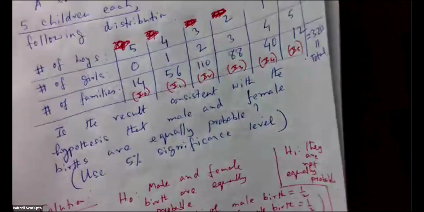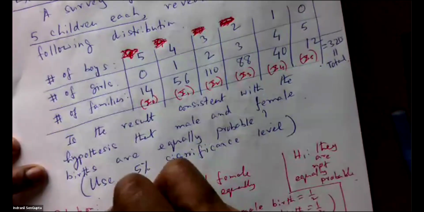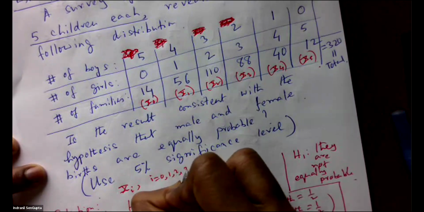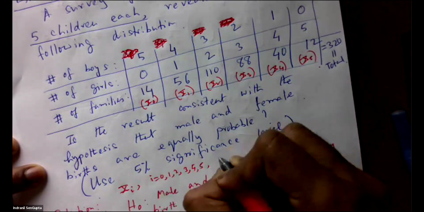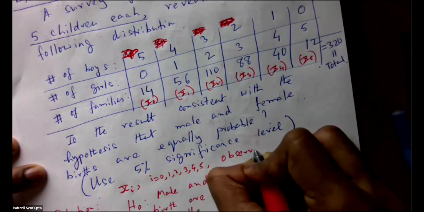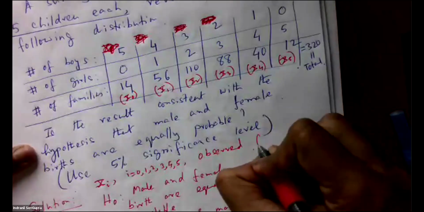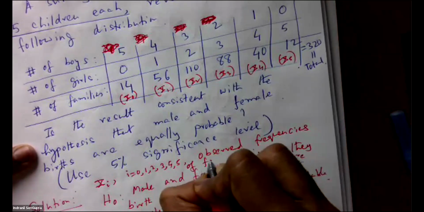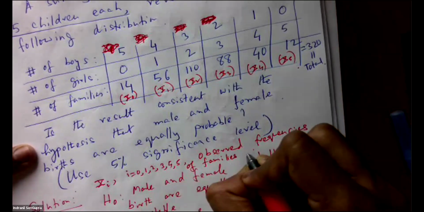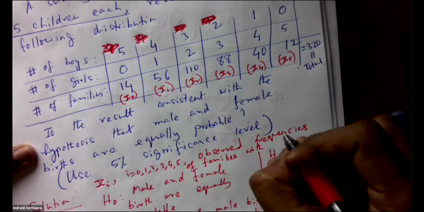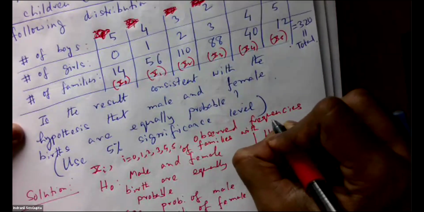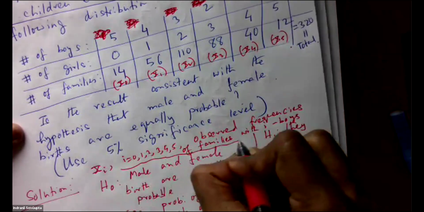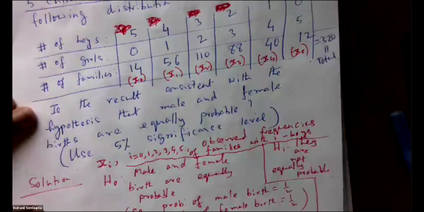So this Xi, where i is from 0, 1, 2, 3, 4, and 5, are the observed frequencies of families with i boys. Okay.